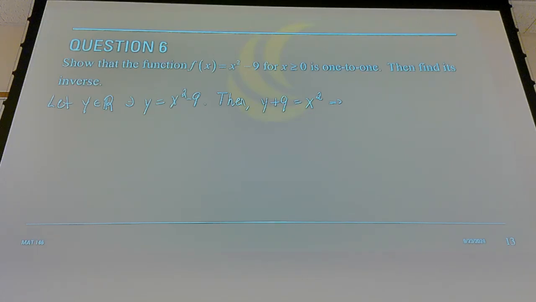How do you get rid of that x squared? You theoretically could, but again, that doesn't help. Because then you have x equals y plus 9 over x. You don't want to define x with itself.